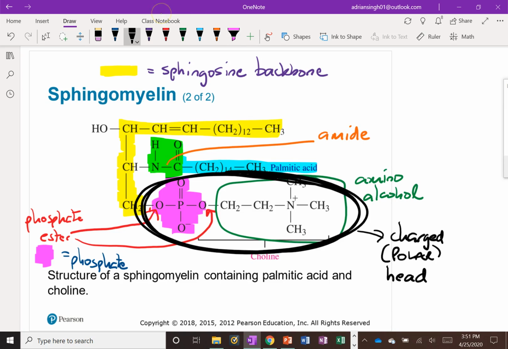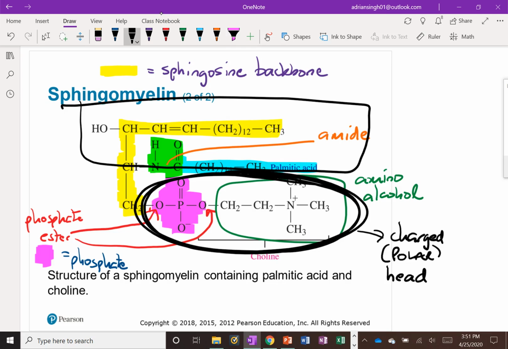So if we put a box around the remaining part of it, we have a non-polar region. So we have a similar type of structure compared to the glycerophospholipid we saw previously.